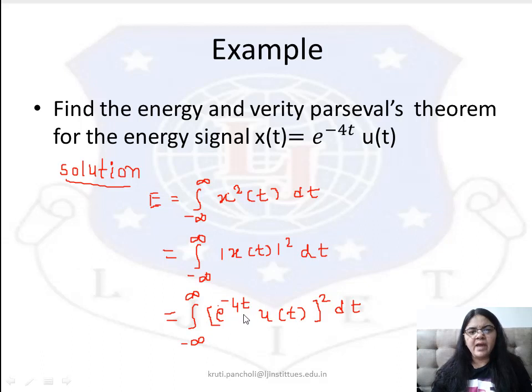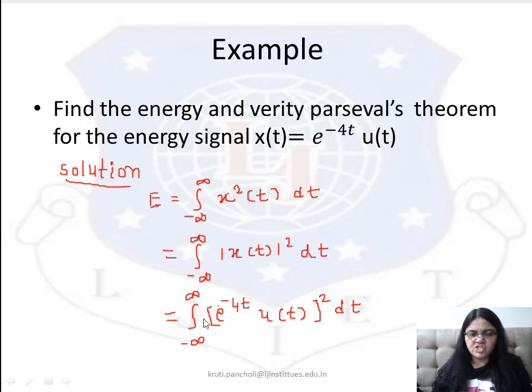But here, what is x(t)? x(t) is e raised to minus 4t u(t). So we put the value of x(t) over here, squared, with dt. Now we know that u(t) is the unit step function, that is u(t) is equal to 1 for t greater than 0 and u(t) is equal to 0 for all other values.